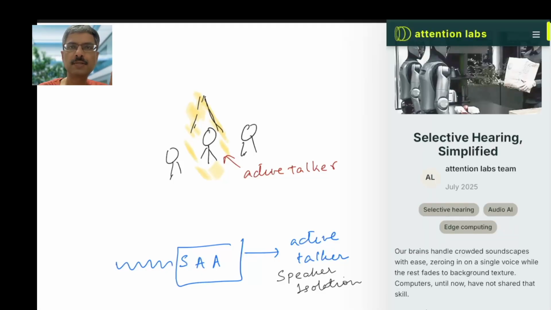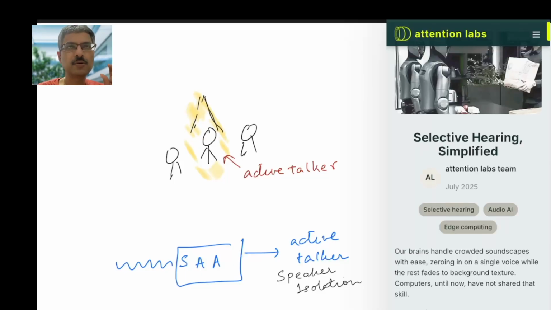But what happens right now, the speech to text system takes in all the inputs and interleaves the conversation, both the important conversation and the background distracting conversation.